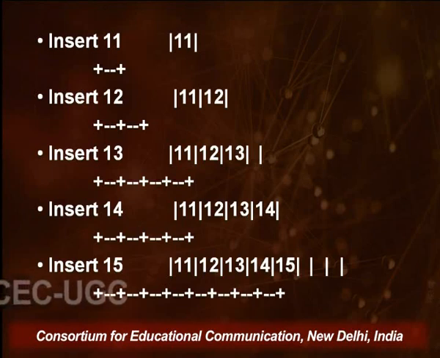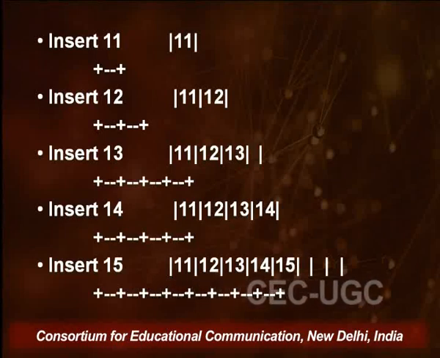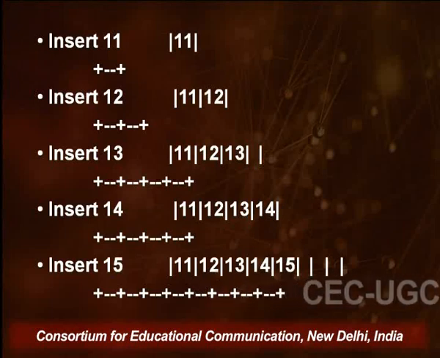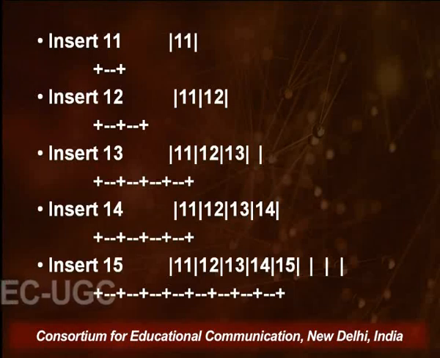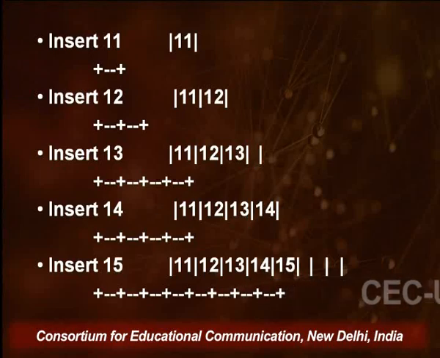When we want to insert another item, which is 12, we want to expand the table because there was only one space. Then the table was expanded at the second step, and at the third step again it was expanded. At the fourth step there was no need, and at the fifth step again the table was expanded. In this manner the expansion of the table happens, and we have already covered this in greater detail.